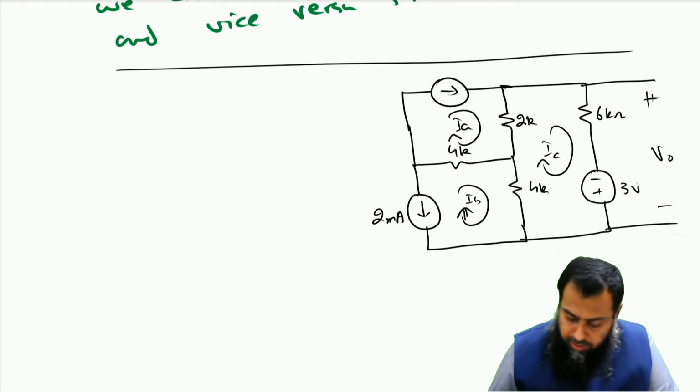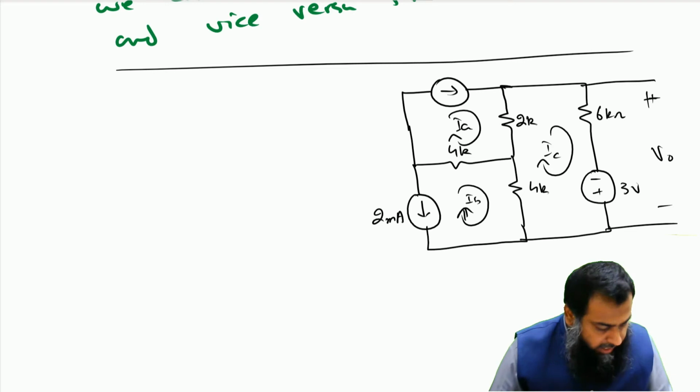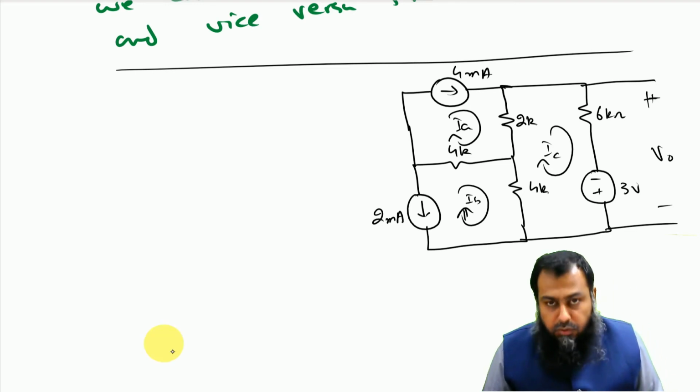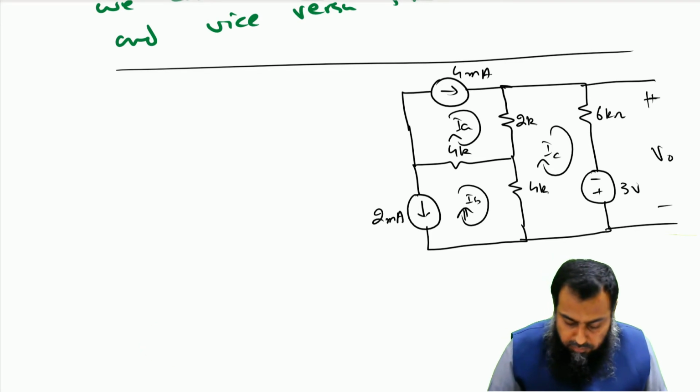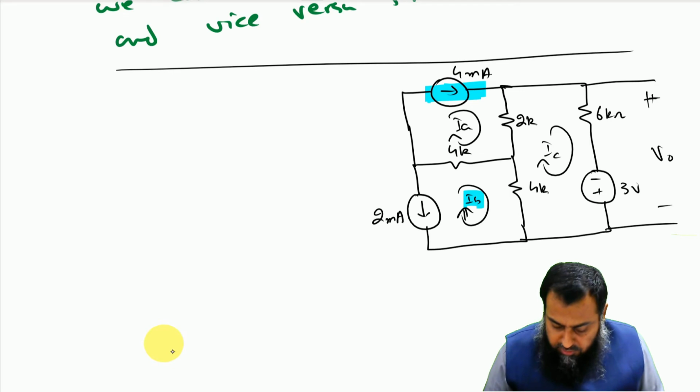We see here we have 3 meshes available, and it looks like we require a solution of these 3 mesh currents. However, if we closely look into this circuit, this IA has a value equal to the current source value of this 4 milliampere current source, and this IB has the same value as that of this 2 milliampere current source.